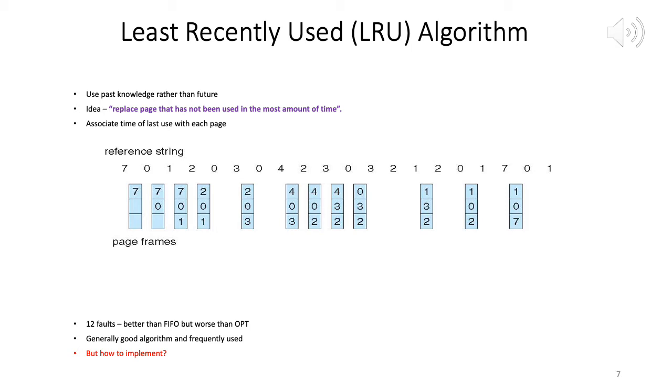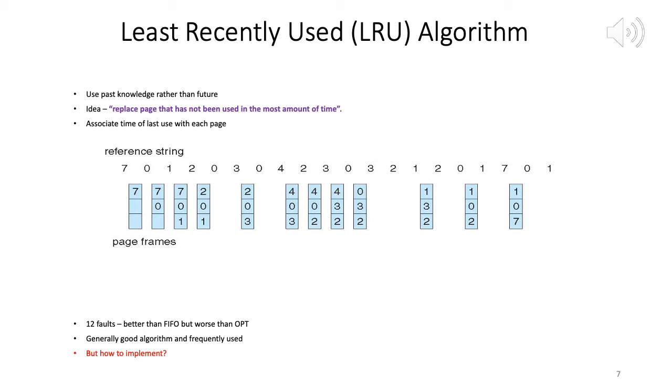So now this is based on usage. Unlike FIFO, which was based on the time that the page has been in memory, this algorithm is based on usage. So given a choice between pages to evict, always evict the page that has not been used for the most amount of time.